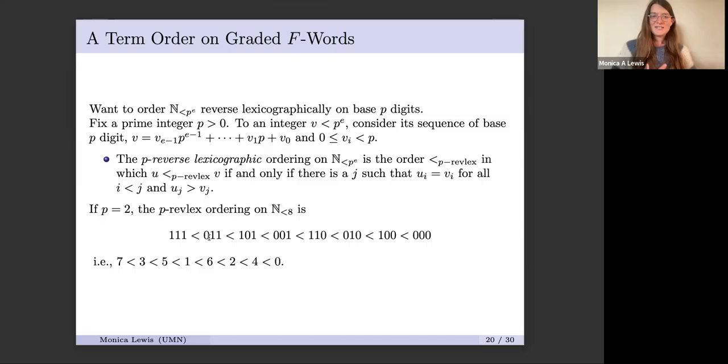But since the complexity cares more about the base p digits of these, because you're commuting as many powers of p through as you can at a time, and like these chunks that are separated by F symbols, it maybe makes sense that it would work better if we looked at the base p expansion of these than at the base 10 expansion.